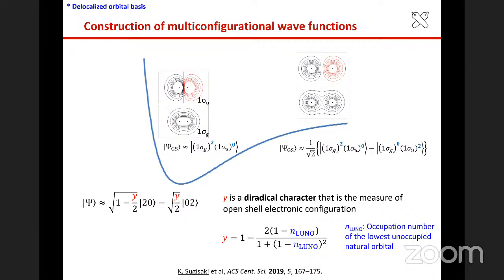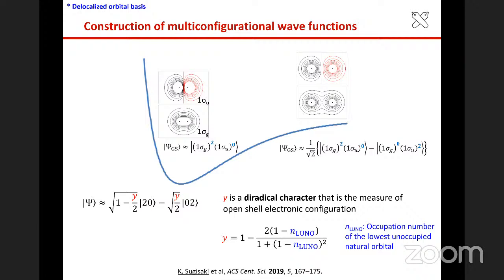We want to prepare the wave function without performing any post-Hartree-Fock calculation, because post-Hartree-Fock calculations have a more complicated cost. So it is very hopeful if we can generate this kind of multi-configuration wave function by only performing a Hartree-Fock calculation.